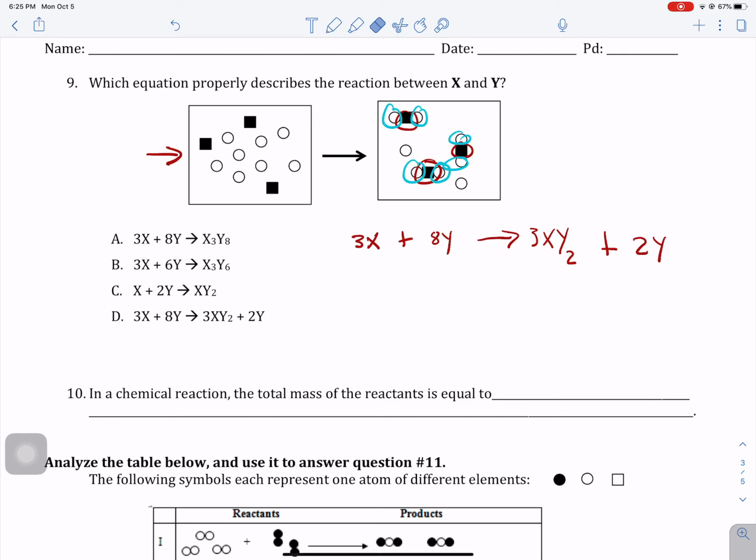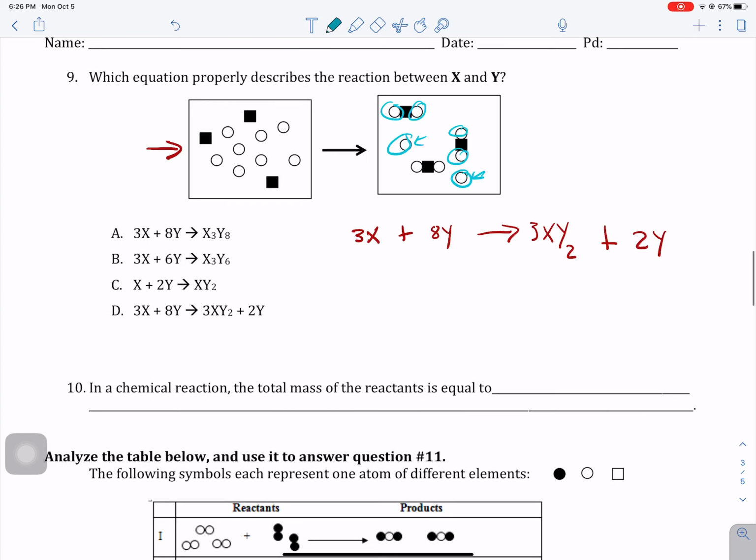Okay, so it would be 3 X's that are connected to 2 Y's each, and then there are 2 Y's left. So the ones encircled in blue are my Y's. So there's 2 Y's left. Okay, so your answer would be D.